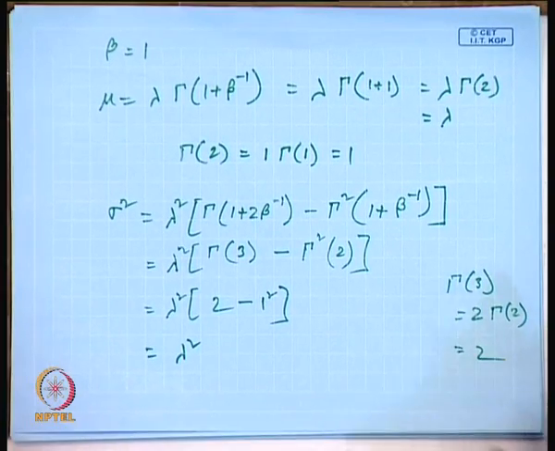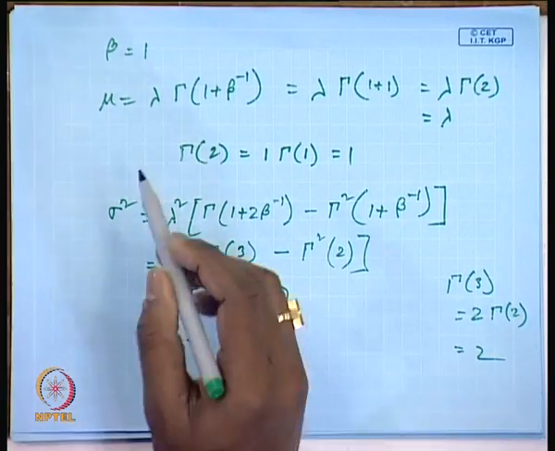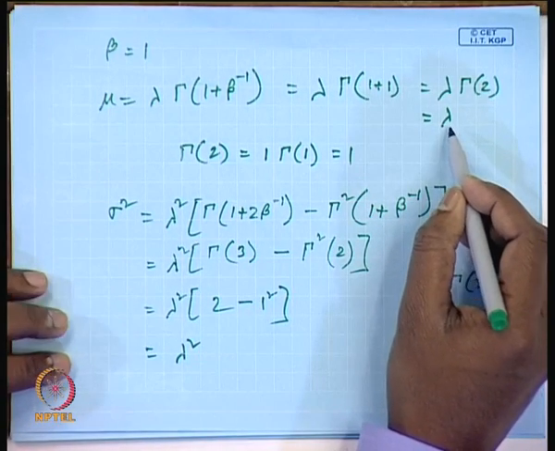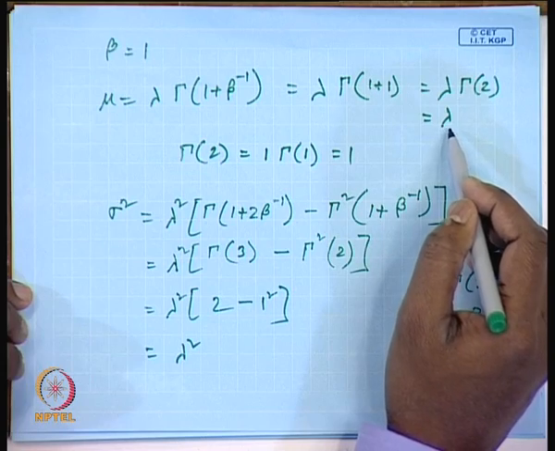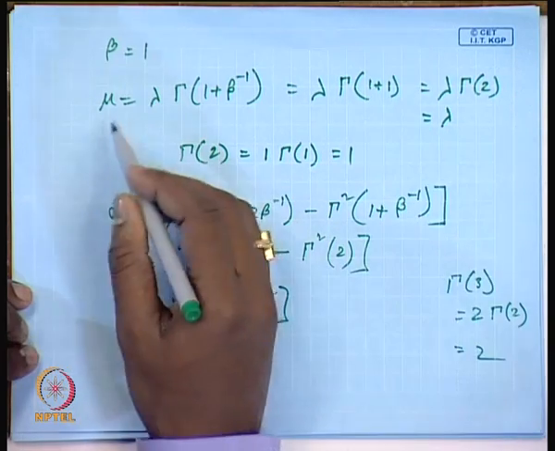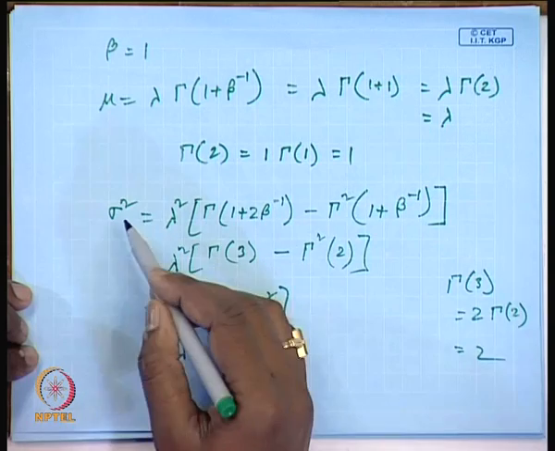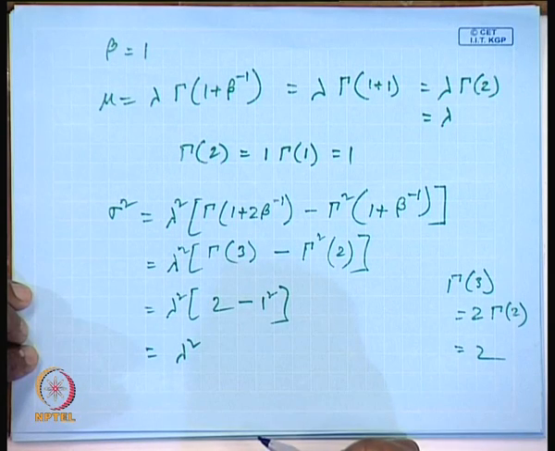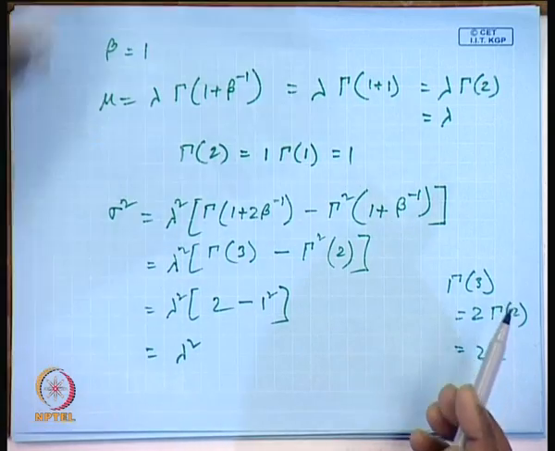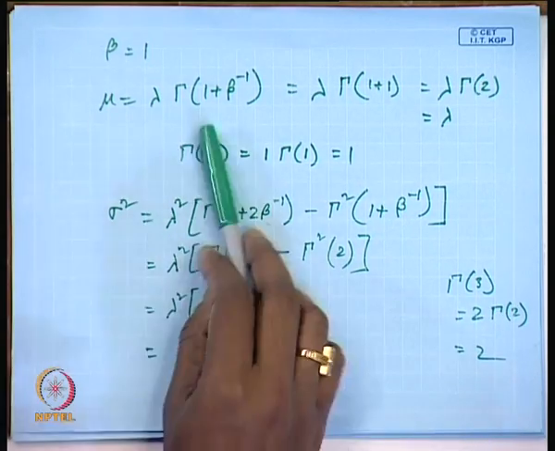Now, we see that for the exponential distribution, we got exactly the same values of these moments, at least the first two moments. That is, for an exponential distribution, the mean is equal to lambda and the variance is equal to lambda square. So, if we put beta equals to 1, it seems that it is becoming an exponential distribution.